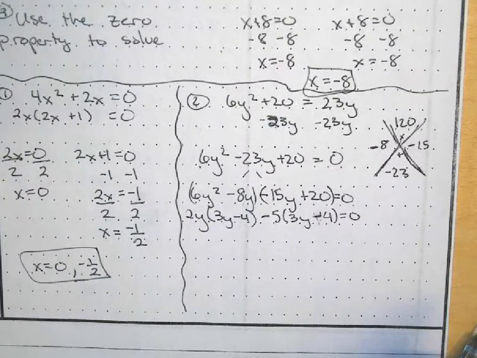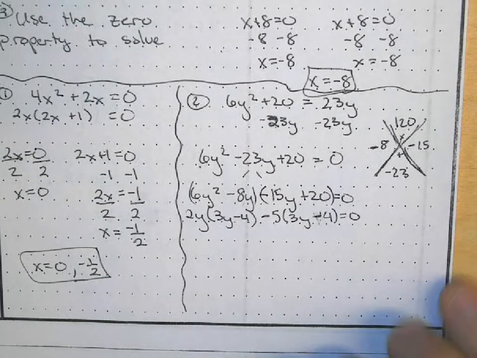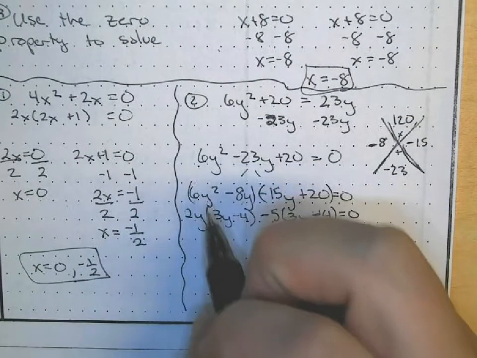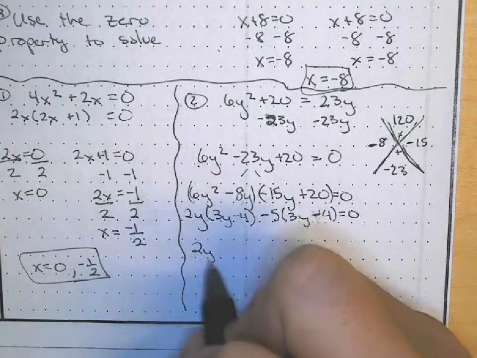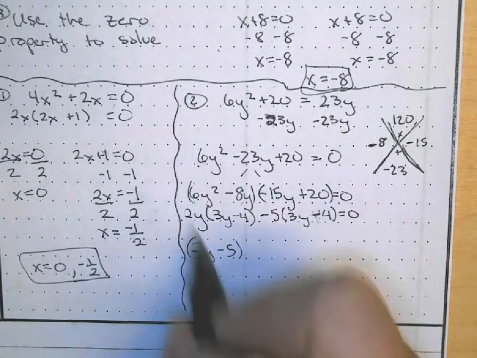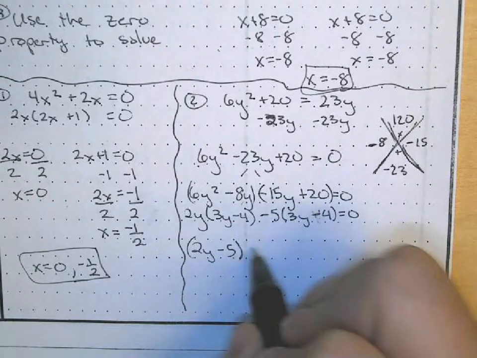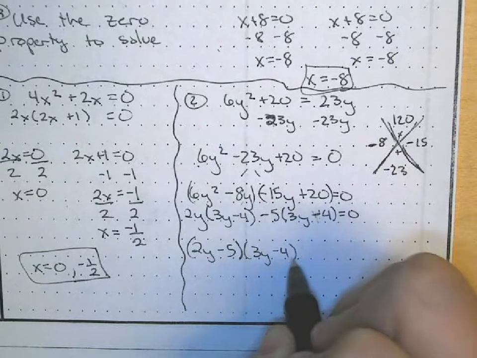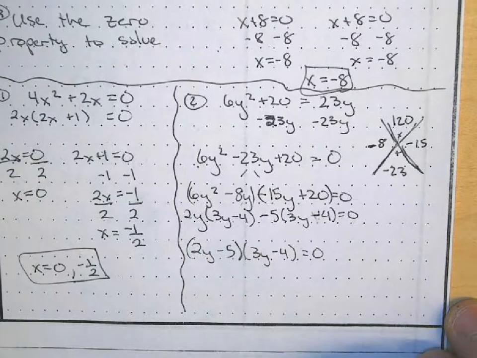And that equals 0. We can bring our 2y minus 5 down, 2y minus 5, and then we'll bring our 3y minus 4 down, and that equals 0.